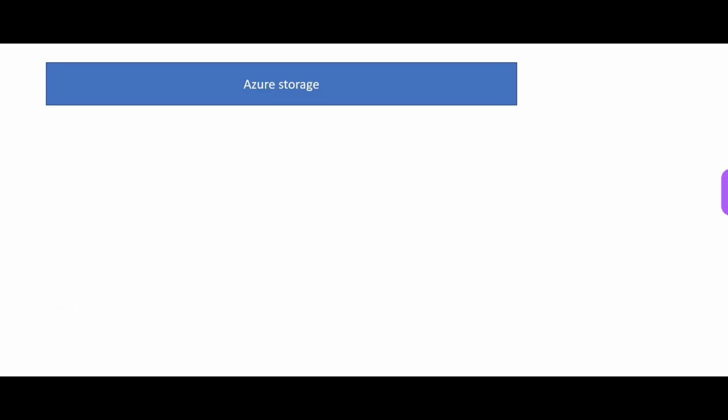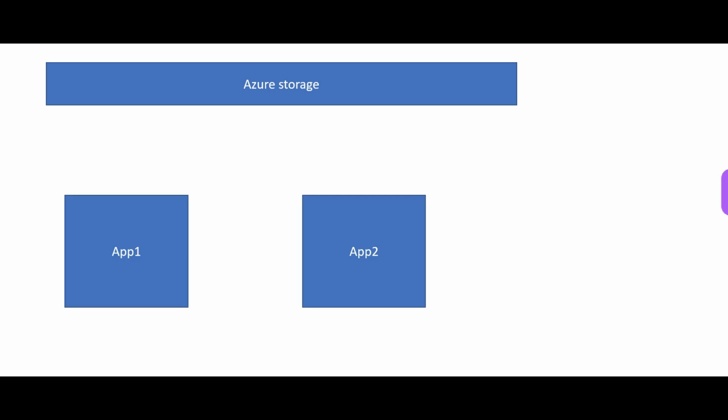See, you have Azure storage, and then there are two apps, app 1 and app 2. Both apps will read from Azure storage and they will make use of managed identity.